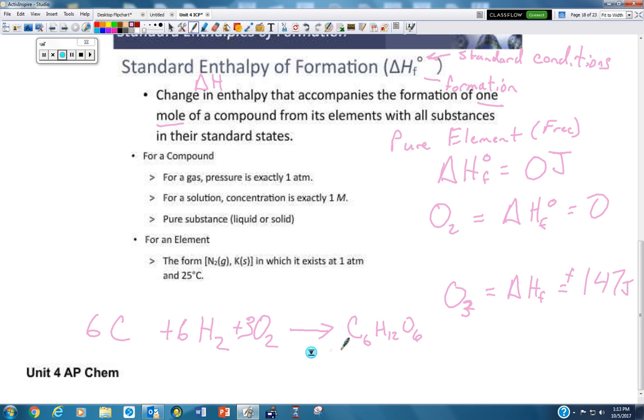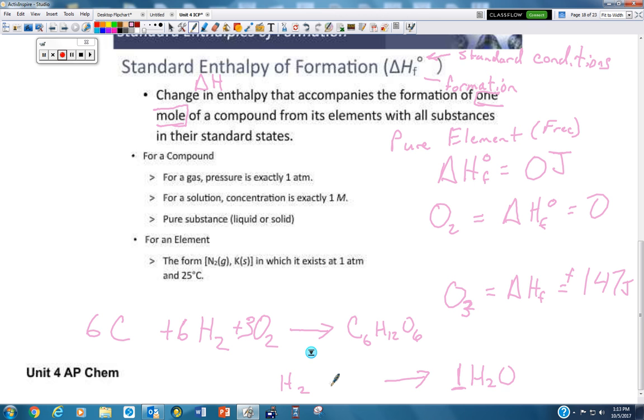Well, coming back to this statement that we're looking at the formation of 1 mole. What if we were looking at water? H2O. We only want to make 1 mole of water. So what is it going to take to do that?